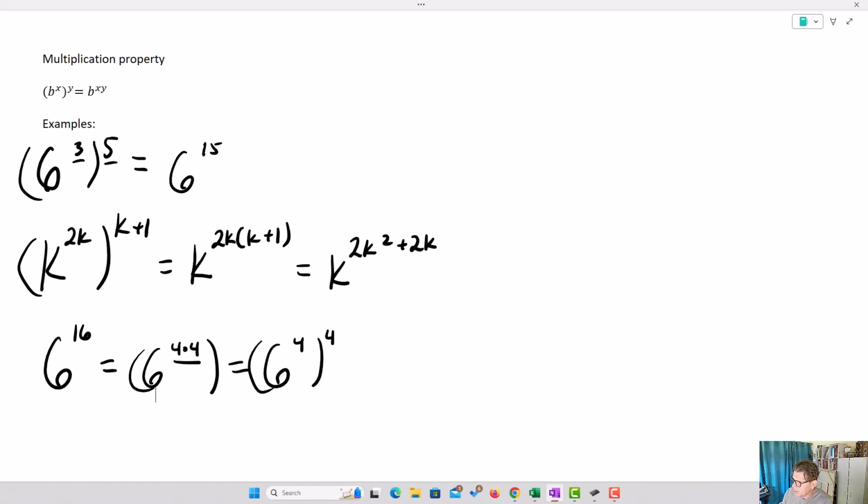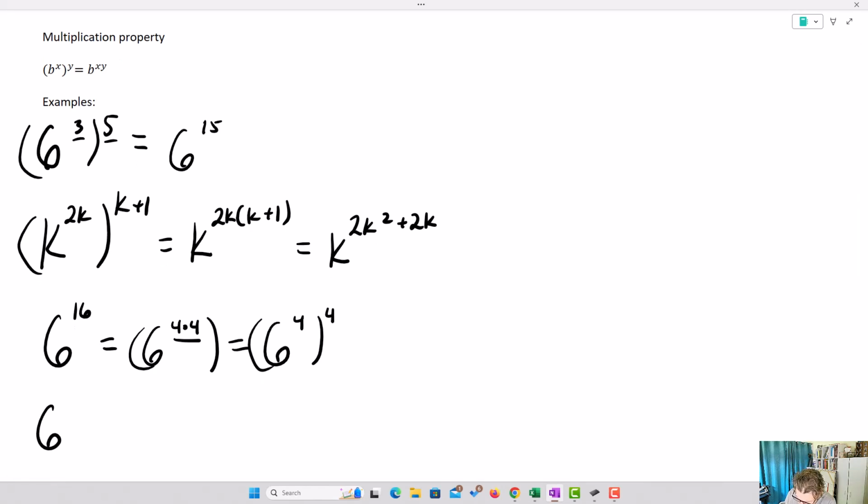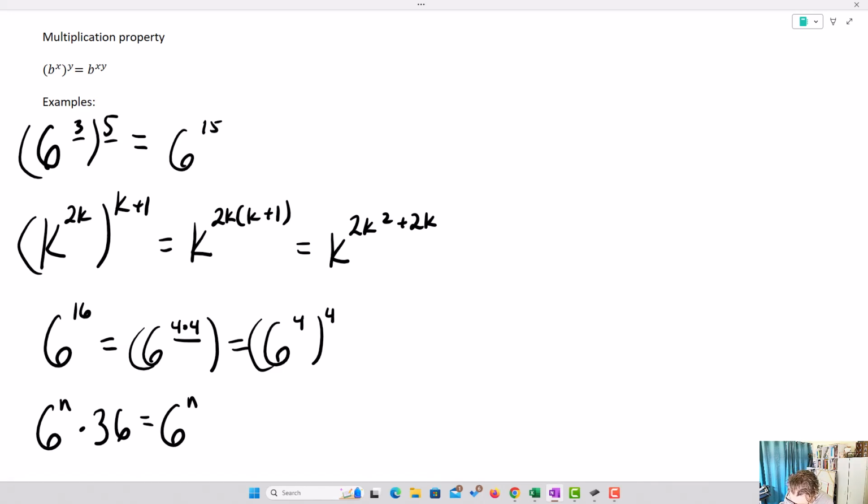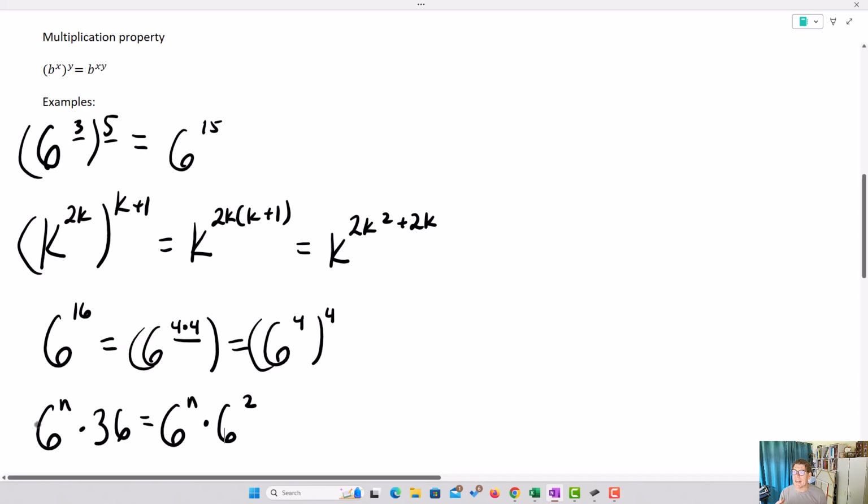Let's say, for example, we do something along these lines. One of the things that you'll see sometimes is something like 6 to the nth power times 36. We're like, well, what do you do with that? Well, you'll notice that this is 6 to the n, and then this is times 6 squared. And so consequently, it's really handy to know your powers, at least up to the squared powers, or to have an instinct about whether or not a value is, in fact, the power of another discrete number or another integer, right?